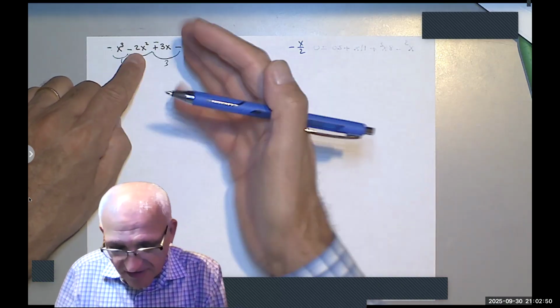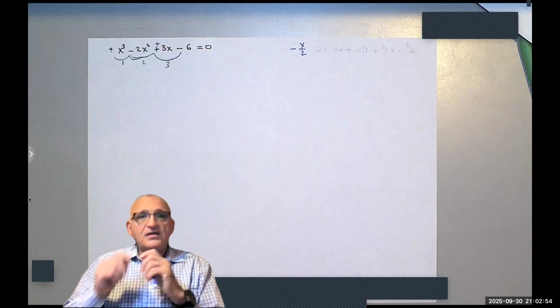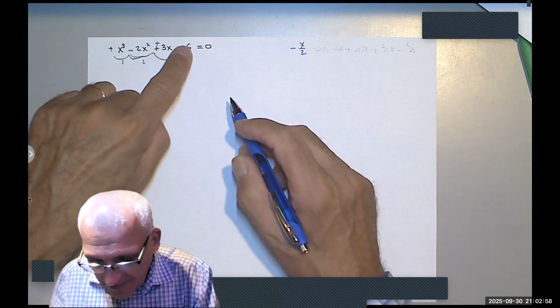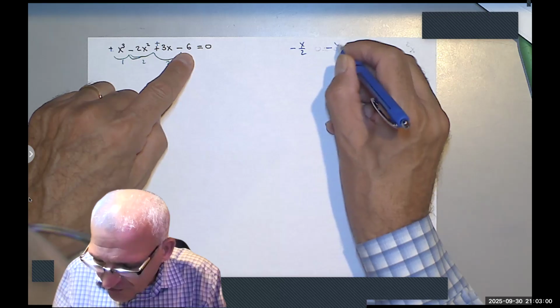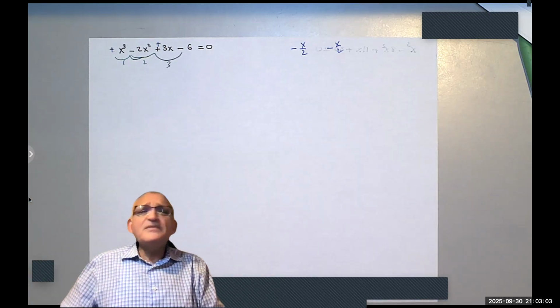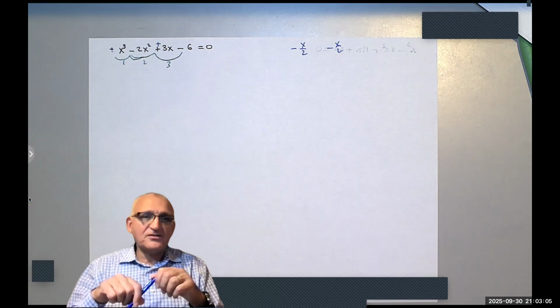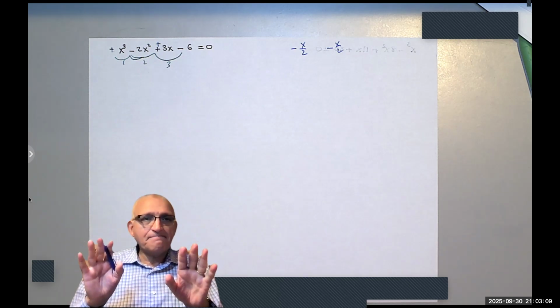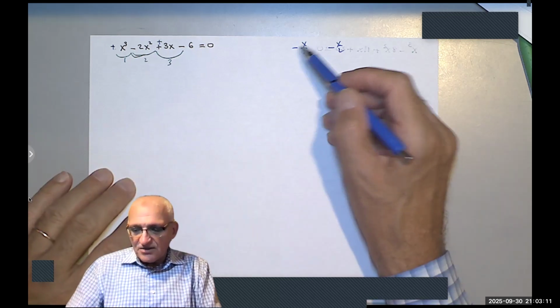X cubed over x squared. Notice we don't have these negatives; I was just checking the negative roots. And 3x divided by negative 6 is negative x over 2. If you get this, it means you have to factor out without thinking. And one of the factors would be x minus 2.